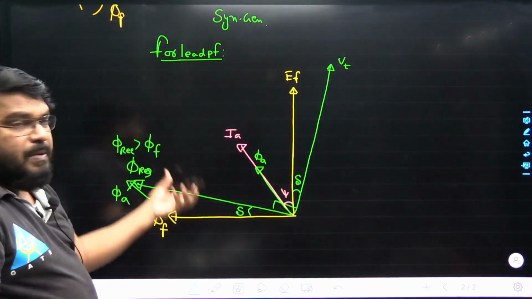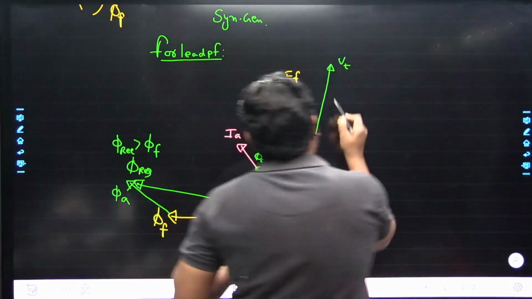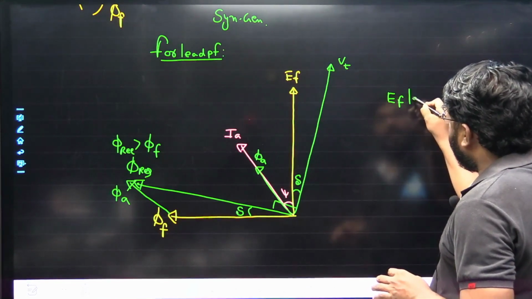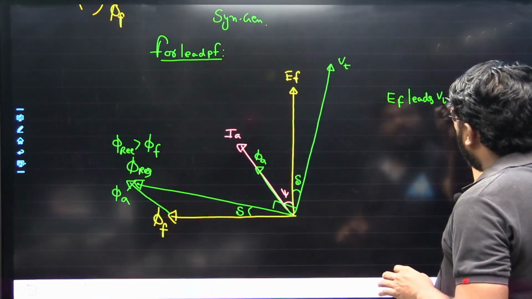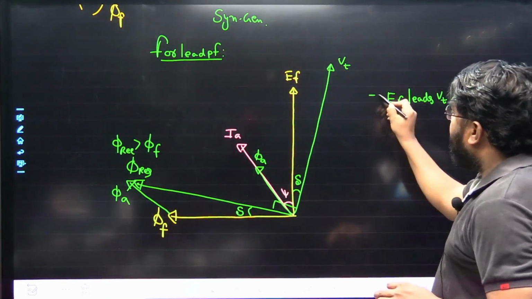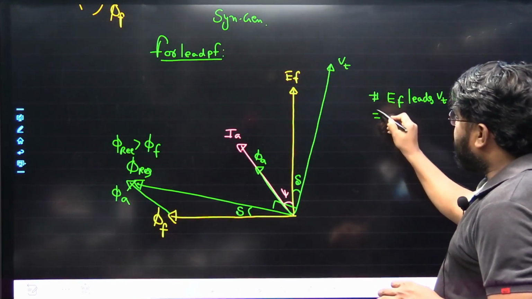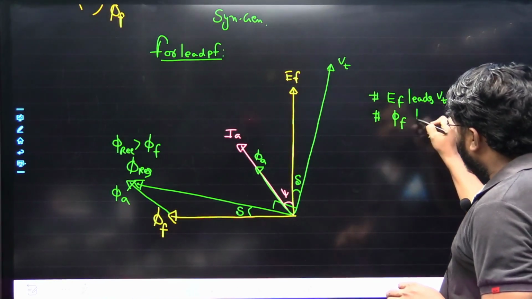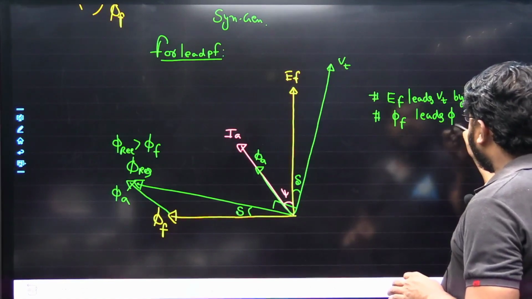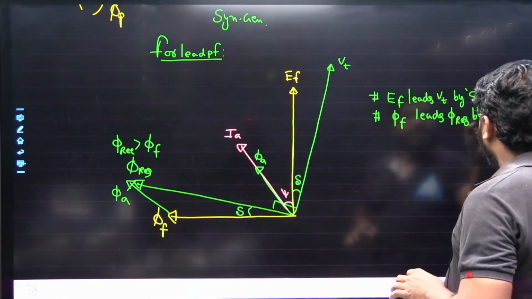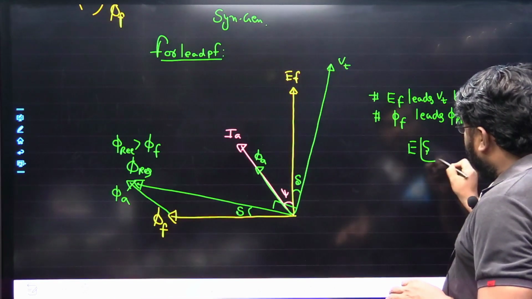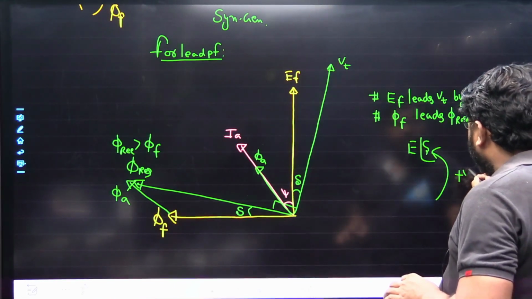In leading power factor also, the excitation EMF leads the terminal voltage by delta, and the field flux phi f leads the resultant flux by delta, where delta is a positive value.